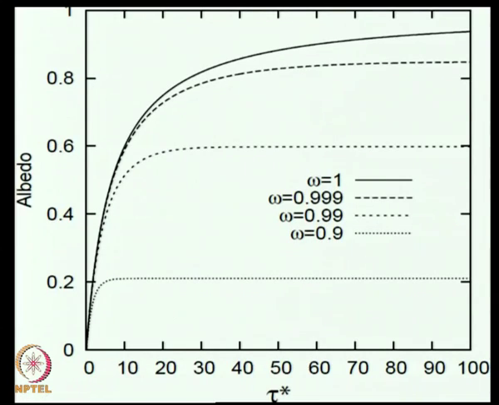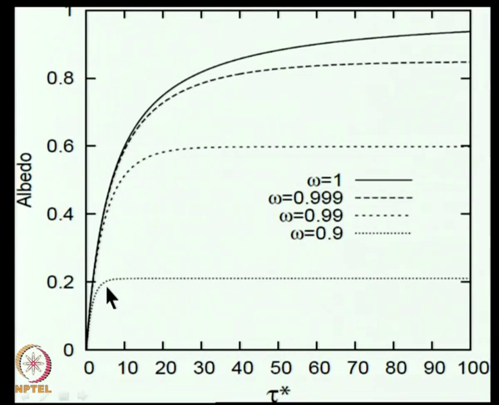You see that when the single scattering albedo is 1, it requires the optical depth to be of the order of 40 to 50 before it almost reaches the asymptotic value, while for more absorbing cloud layers with, let us say, omega of 0.9, you see that the albedo reaches very rapidly a value around 0.2 at optical depth of around 5.